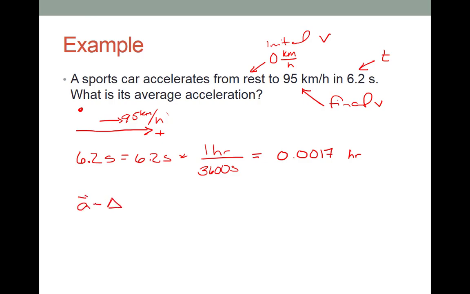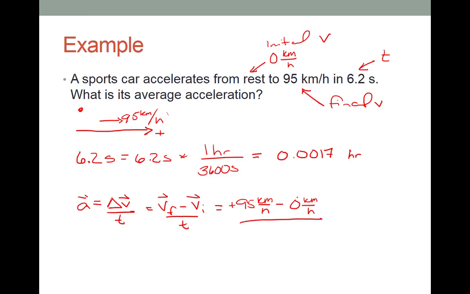Acceleration is a change in velocity divided by a time, which is the final velocity minus the initial velocity divided by time. In my coordinate system, my final velocity is a positive 95 kilometers per hour. My initial velocity is 0 kilometers per hour. And the time I just converted is 0.0017 hours.